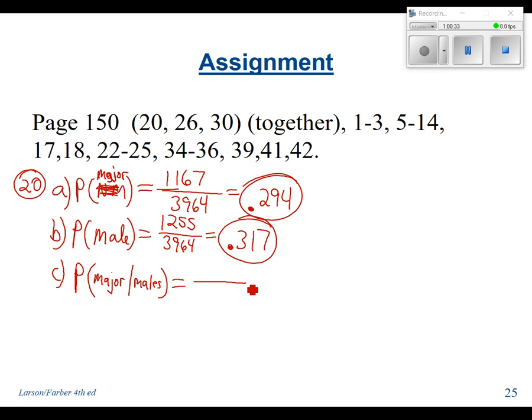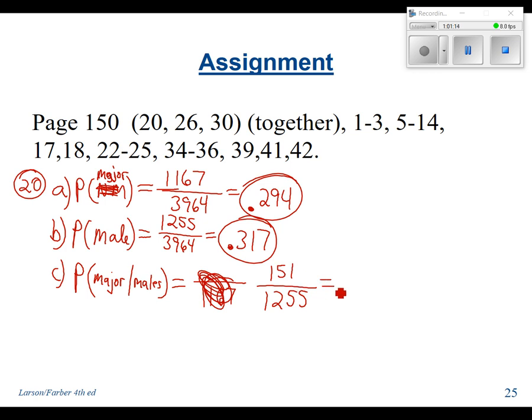Let me read it again, make sure I get it right. Nursing major given that the student is male. So we're given that it's male. How many males are we picking from? 1,255. How many of those are nursing majors? 151. Does that make sense now?